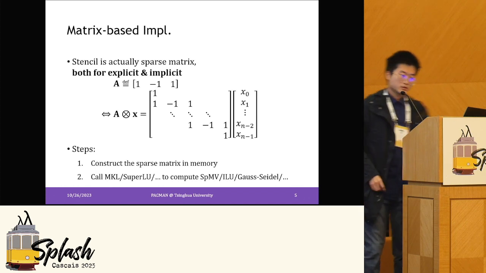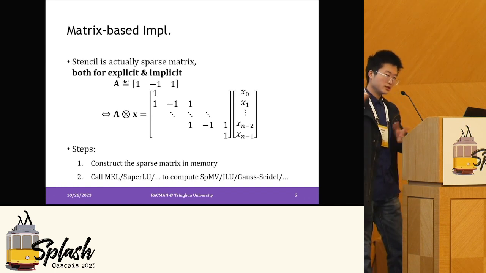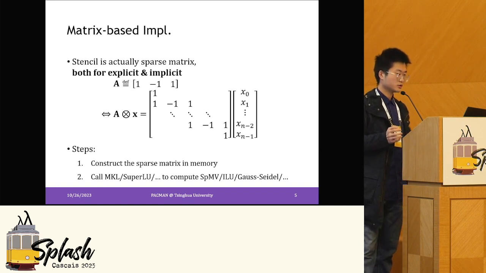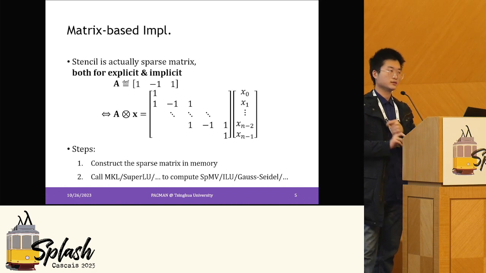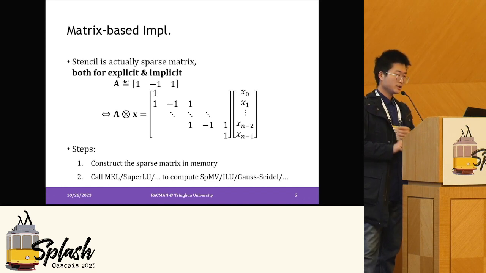And so in this abstraction, the steps taken by an implicit solver will be to first construct the sparse matrix to be stored in memory like in CSR or ELL format, and then call third-party libraries to compute the different sparse linear algebra routines.